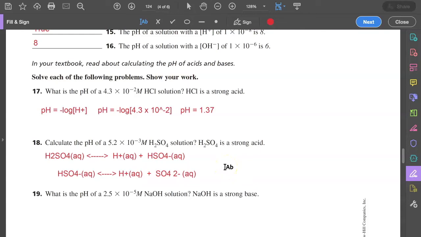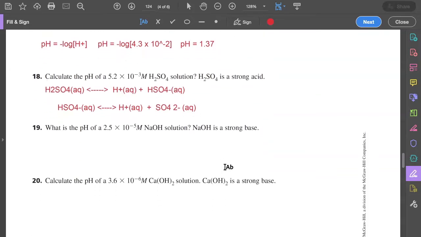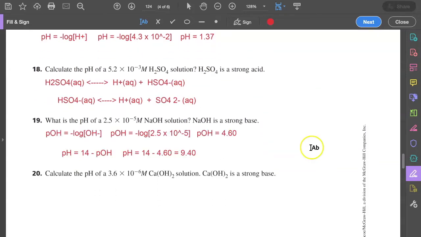So let's move on. What is the pH of a 2.5 times 10 to the negative fifth molar NaOH solution? NaOH is a strong base. Okay, don't let them trick you on this one. To do this, we need to find the pOH, which involves the hydroxide ion concentration, which is what NaOH would give us, hydroxide ions.